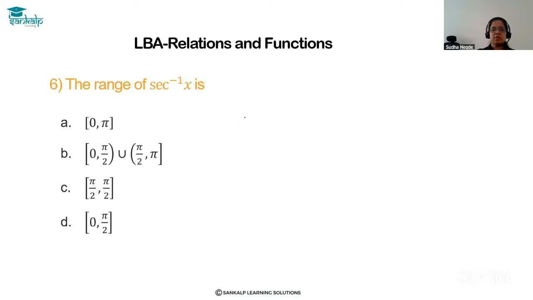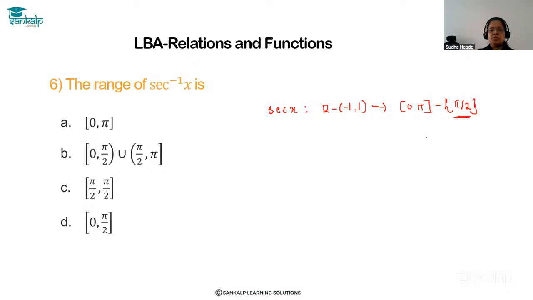Hi students, the question is the range of secant inverse x. So we defined secant from where to where? It is from R minus -1 to 1 to closed interval 0 to pi minus pi by 2.